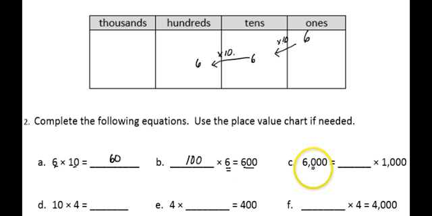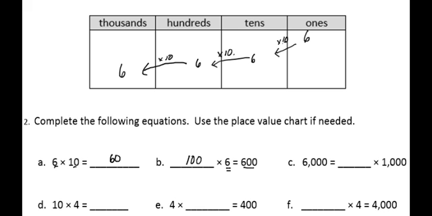In this case, I'm looking to see what did I multiply by 1,000 to get 6,000. Well, up here I multiplied 6 times 10 times 10 to get 600. If I multiplied that 10 more times, I would get 6,000.